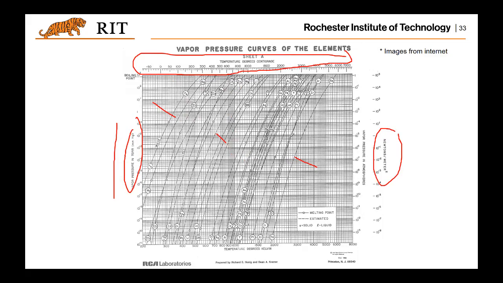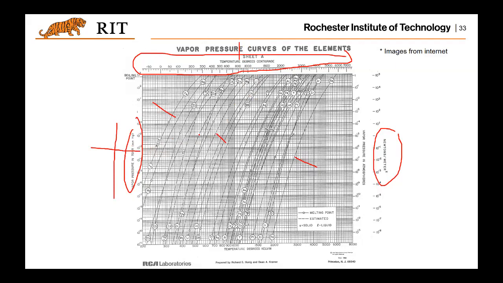Each curve represents a specific element, showing whether vaporization will happen or not. So what you could do is, given a pressure and also a temperature, find the intersection.